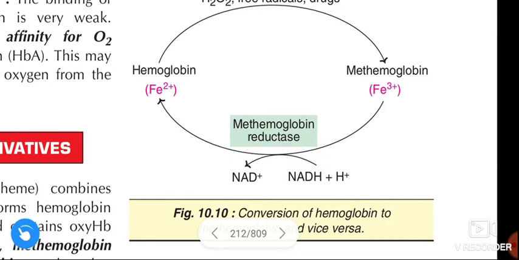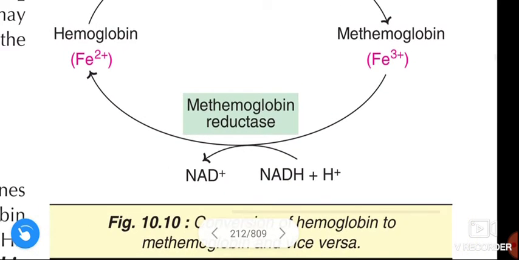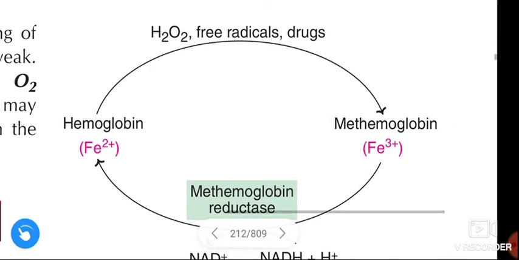The conversion of methemoglobin back to hemoglobin is carried out by the enzyme methemoglobin reductase, in which NADH is converted to NAD+. This is about methemoglobin, which is a derivative of hemoglobin.